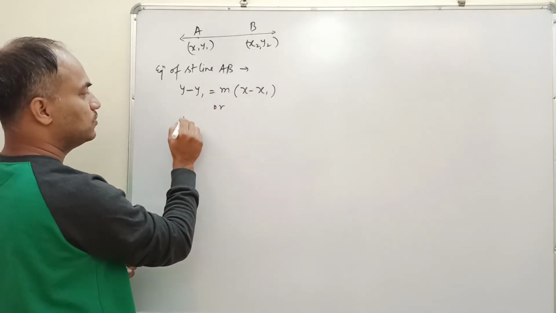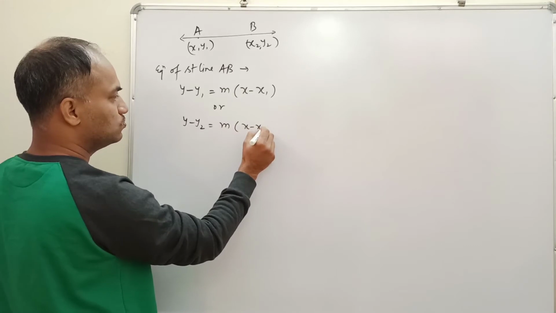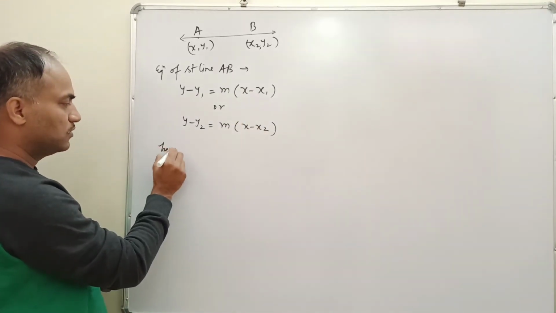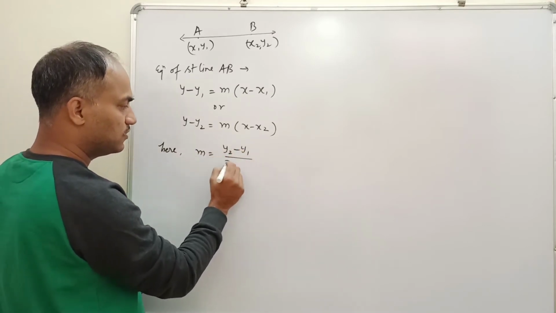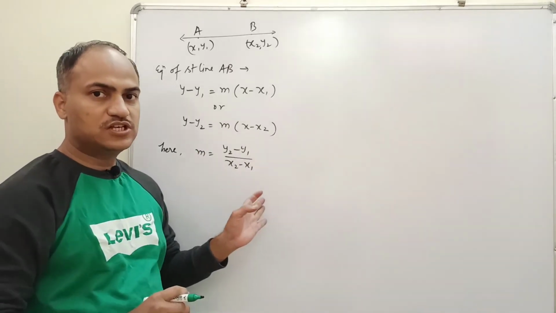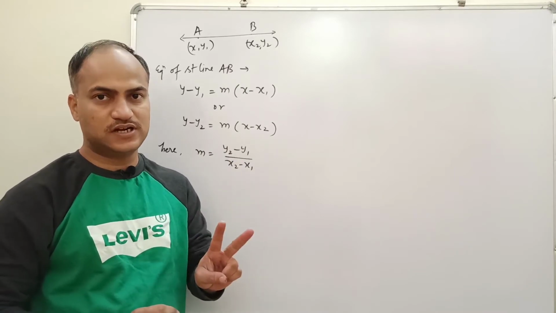Or if we use the formula y minus y2 equals m(x minus x2), this is also the same thing. Please note that m is the slope (y2 minus y1) upon (x2 minus x1). With the help of these formulae we can find the equation of a straight line when 2 points are given to us.